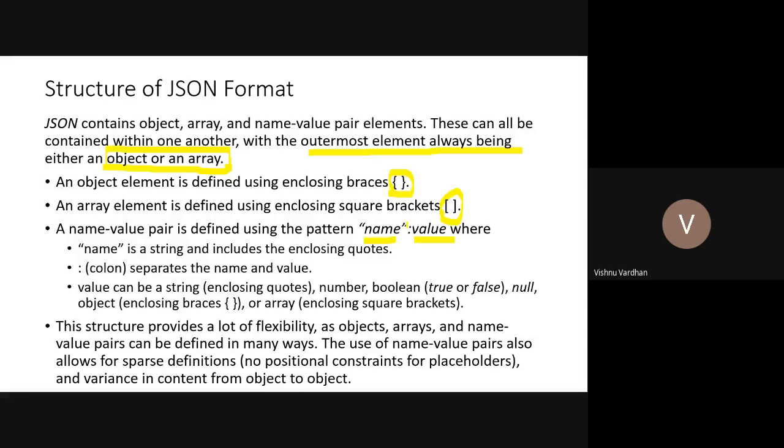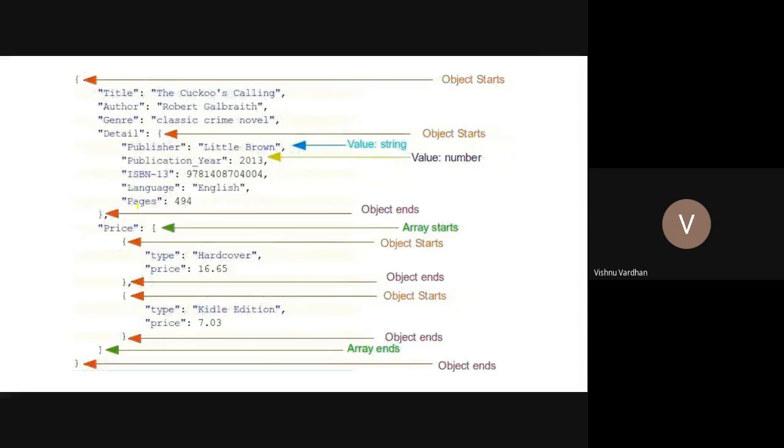Okay, it should be every time, be it a number. Okay, the number without quotes is applicable on the value, not on the name. Okay, so names are always given in double quotes.